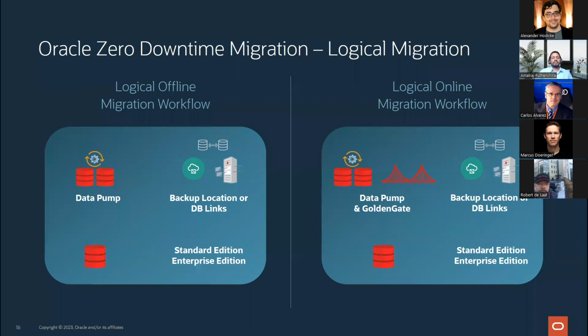With logical online migration, you can migrate Standard Edition in an online mode, because it uses the same Data Pump, and you use GoldenGate. GoldenGate can work for Standard or Enterprise Edition, so there's no limit for this.